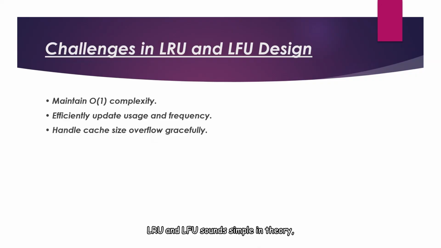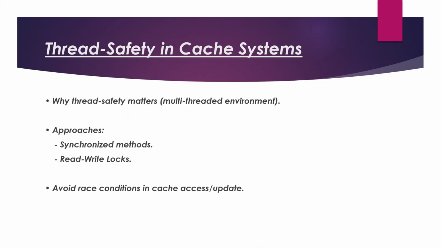Now, designing LRU and LFU sounds simple in theory, but in practice, several challenges appear. We must ensure that every get and put operation runs in constant time. Updating linked lists and frequency counters without bugs is tricky. Also, ensuring correctness during evictions, especially in concurrent environments, requires careful handling. In real-world systems, multiple threads often access the same cache simultaneously.